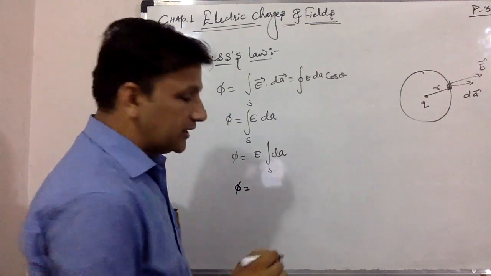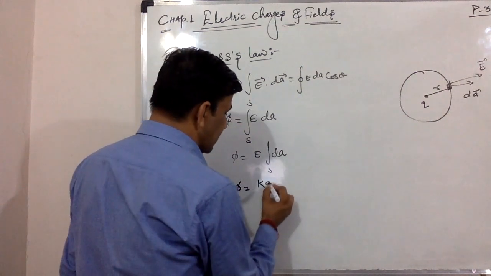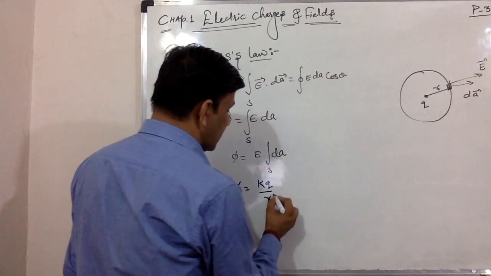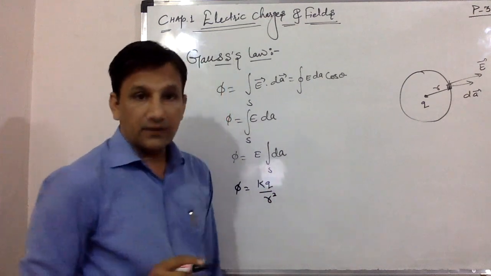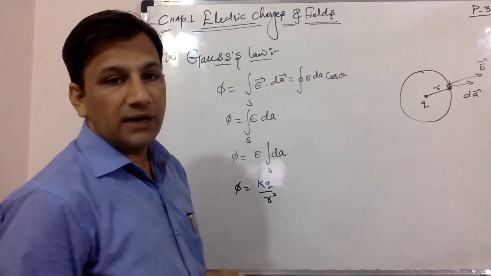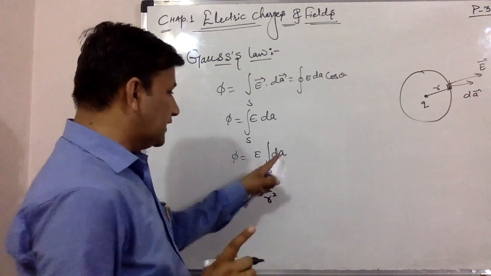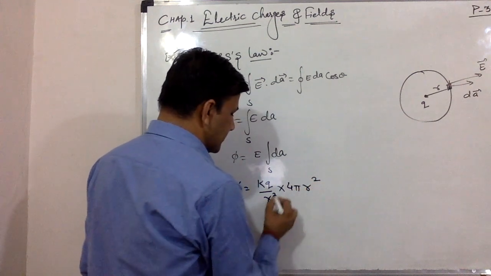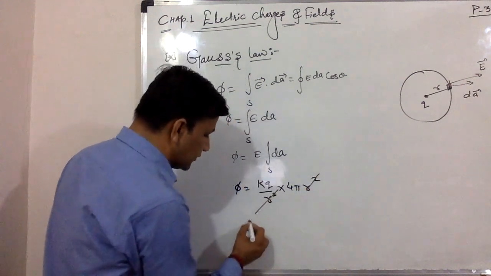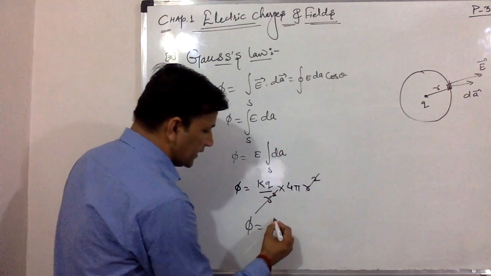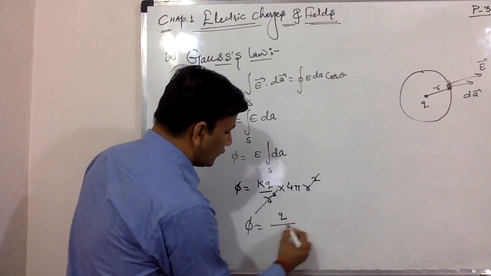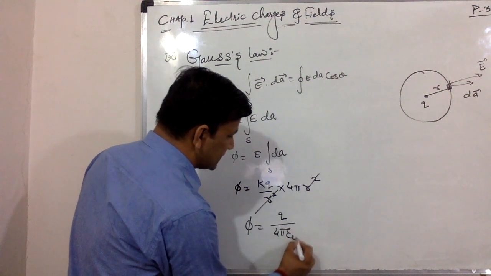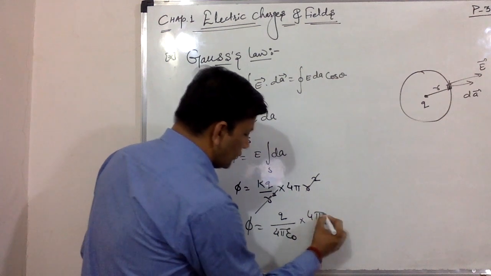Now E is the electric field due to the point charge, that is kq by r square. Now this is kq by r square, and the area of sphere is 4 pi r square. R square cancels out.